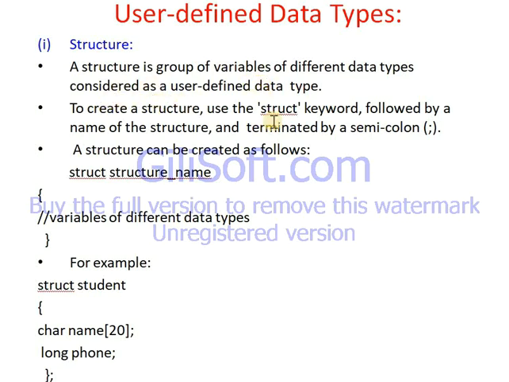To create a structure, use the struct keyword followed by the name of the structure, and it is terminated by a semicolon. There is a syntax for creating a structure in C++. First, the struct keyword is used. Then we give a structure name. Then in opening and closing curly brackets, different variables are defined.